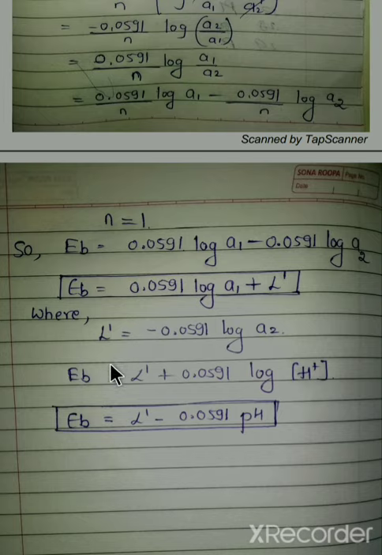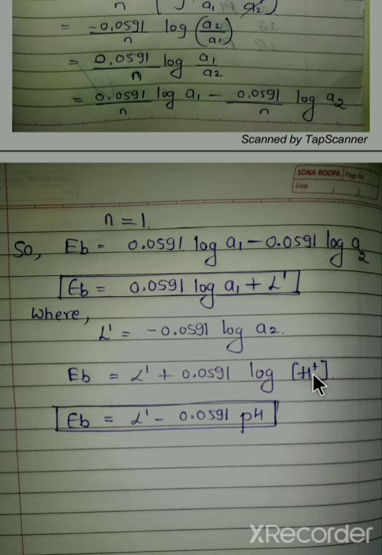The second term I have taken as a constant, that is nothing but L dash. And from this you can simplify again: as I told, A1 is nothing but the activity of H plus ions. The activity of H plus ions can also be written as the concentration of H plus ions, right? So you replace this A1 with the H plus ion concentration, written in flower brackets. This is log H plus. Now this logarithm of H plus can be converted into pH.